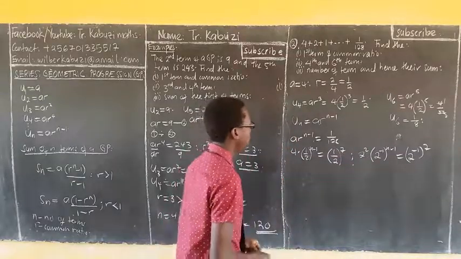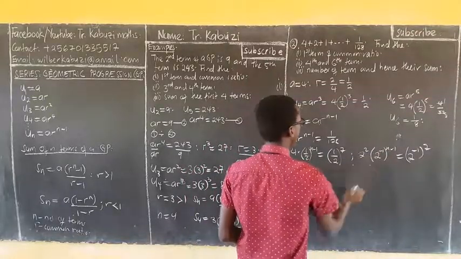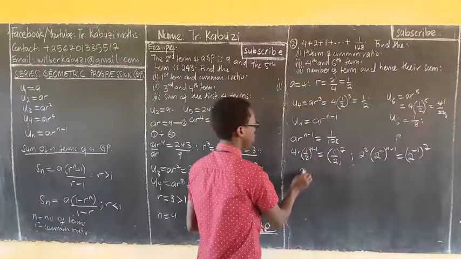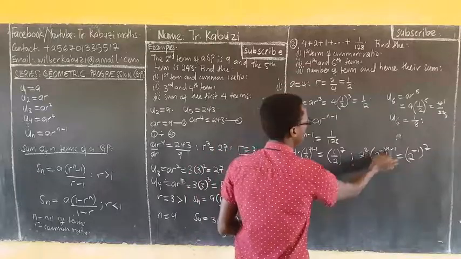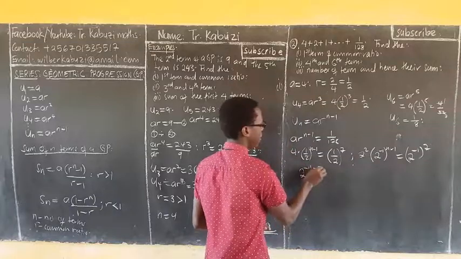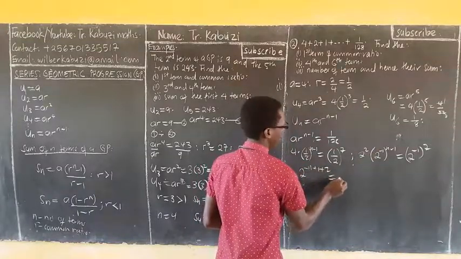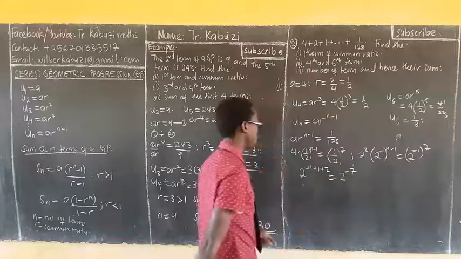Remember that I'm multiplying numbers of the same base, so I add the powers. I'll have negative n plus 1, then plus 2, equaling 2 power negative 7.